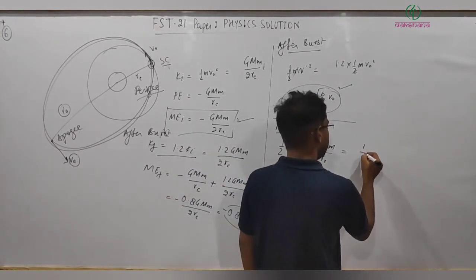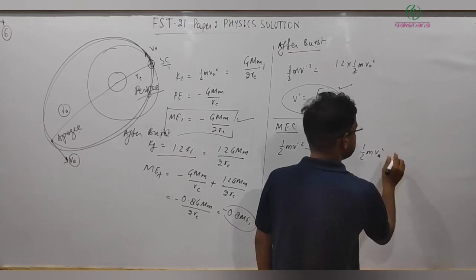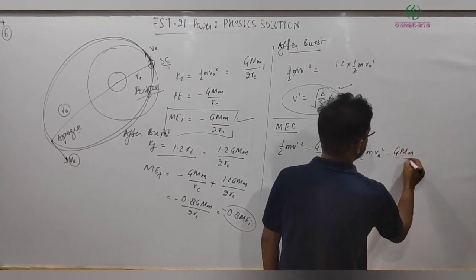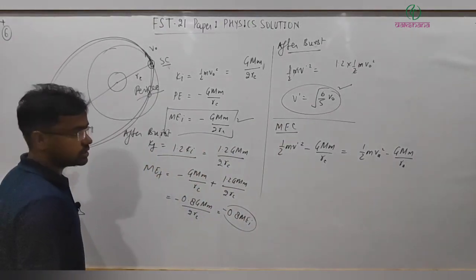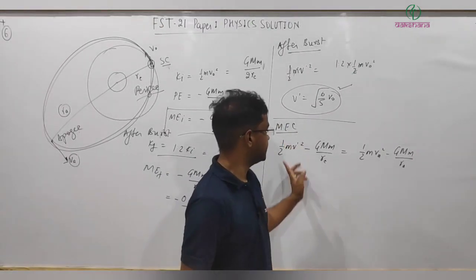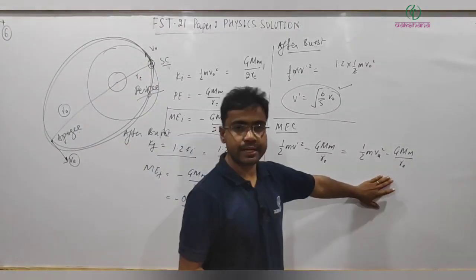Finally, it is half m VA square minus G M m divided by RA. It's about this point, so conservation of mechanical energy between this point and this point. Then I will get this relation.